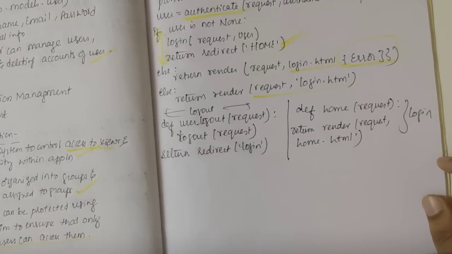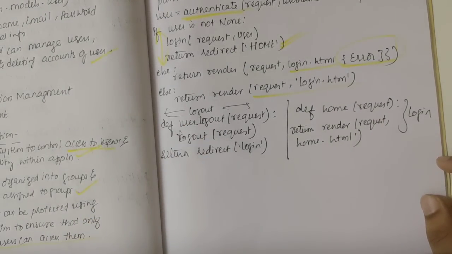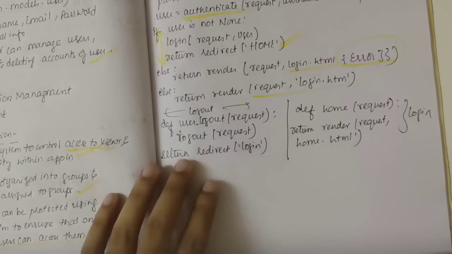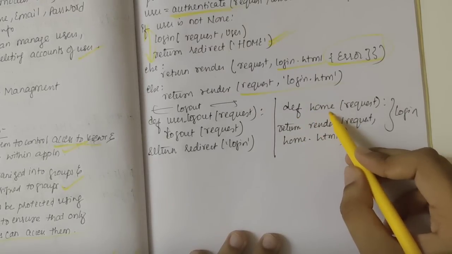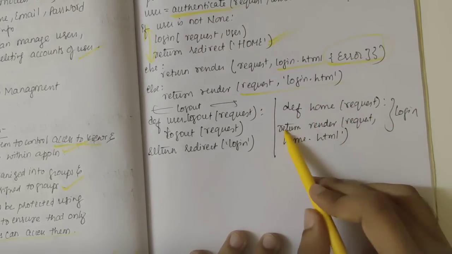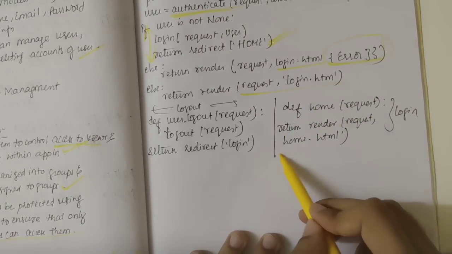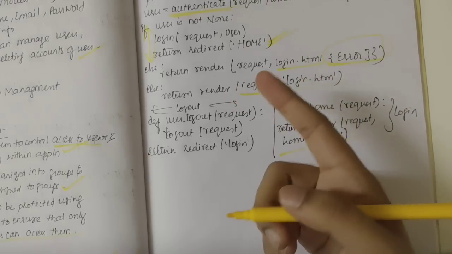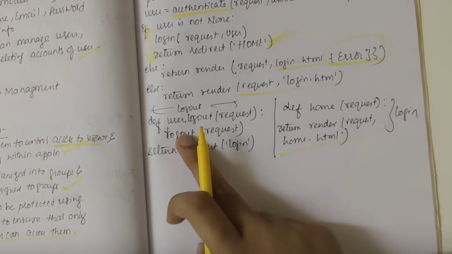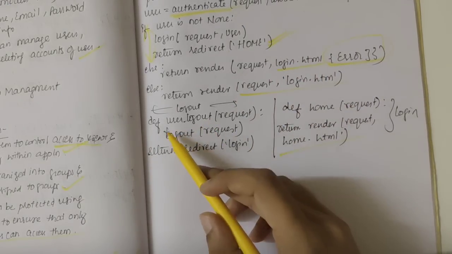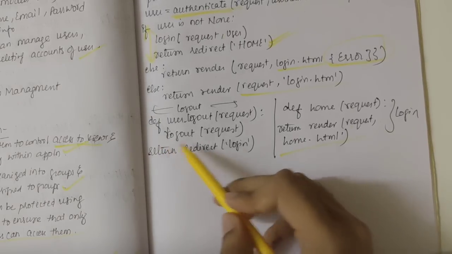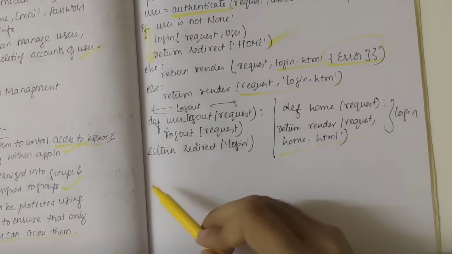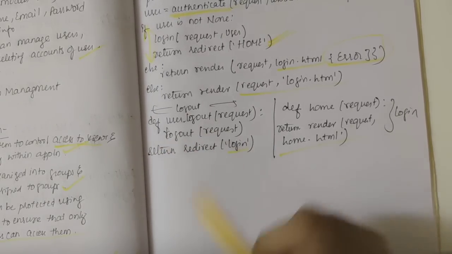Next we have this logout part. So login and logout both are required, right? We have seen the login part. So define def home(request), return render(request, home.html), that is to redirect back to the home page. And after that we have the logout part here, that is def user_logout(request), and we have logout(request), return redirect to the login page.